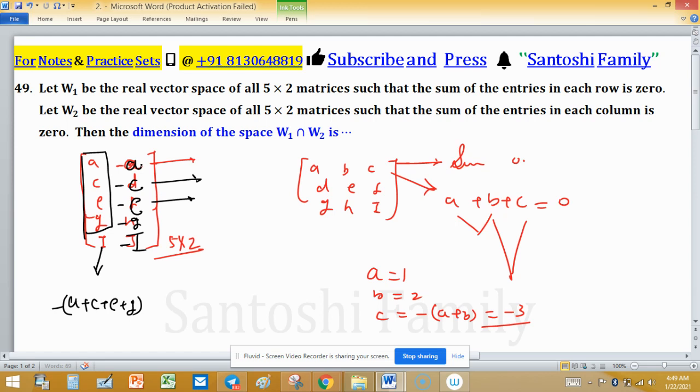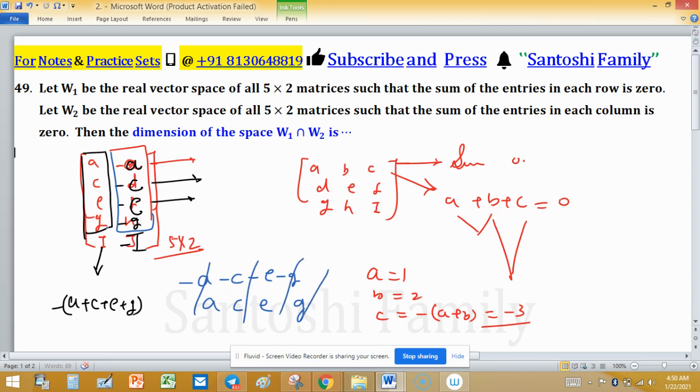And what is the sum for the second column? The second column sum will be minus A minus C minus E minus G, so this is minus I. So minus I will be such that A, C, E, G and their sum is 0.